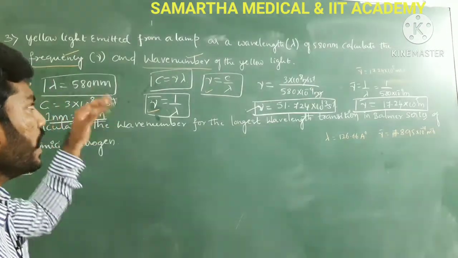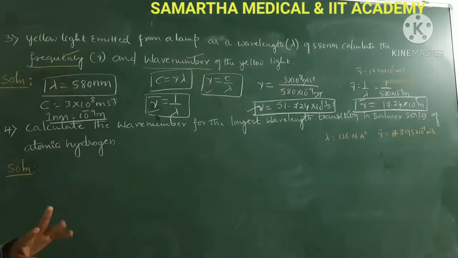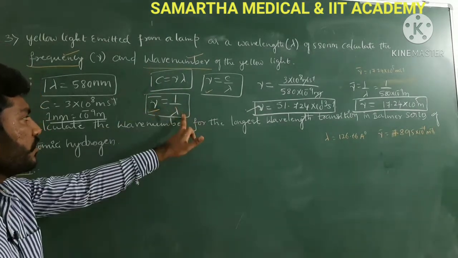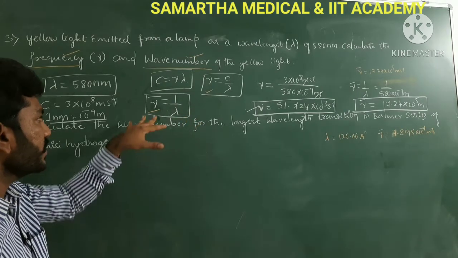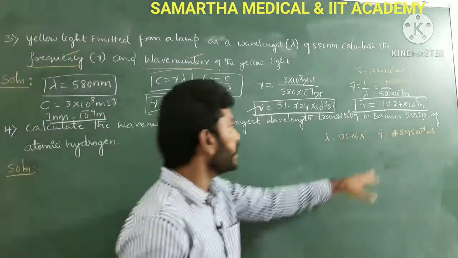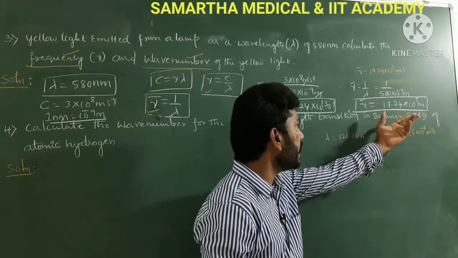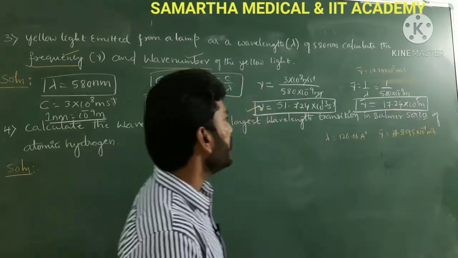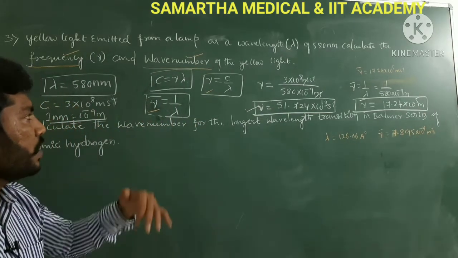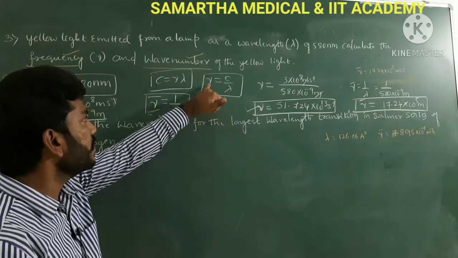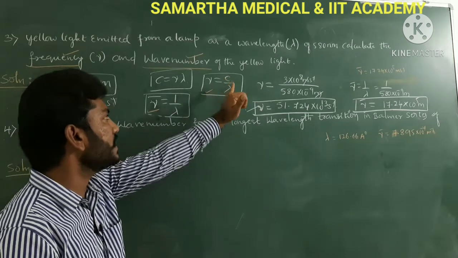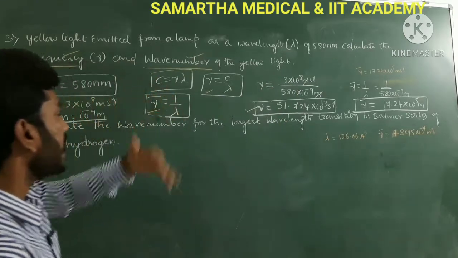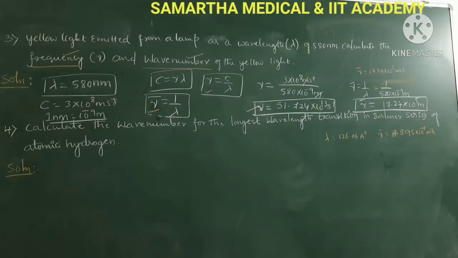To calculate those two parameters, we have two formulas. For nu bar, the wave number, it is the reciprocal of wavelength, 1 by lambda, and we got the answer 17.24 into 10 to the power of 5 per meter. For frequency, the formula is C by lambda, where C is the standard value 3 into 10 to the power of 8 meter per second.